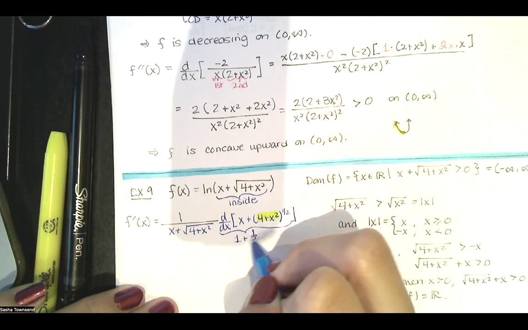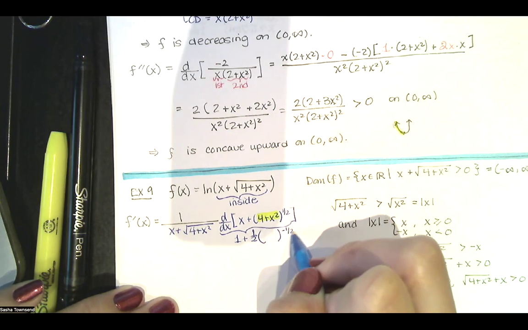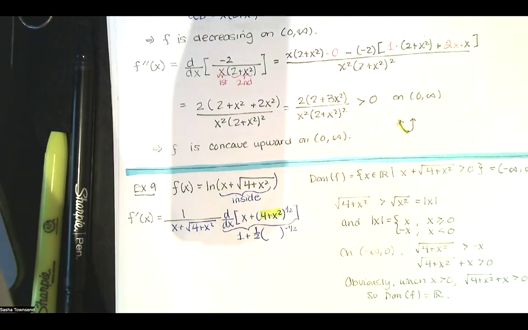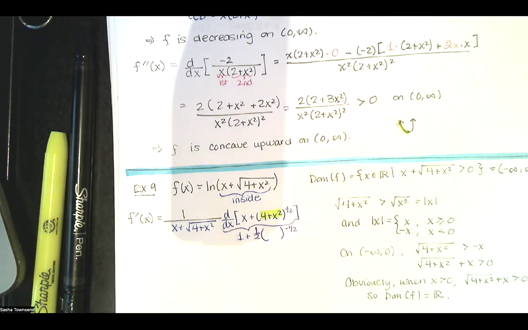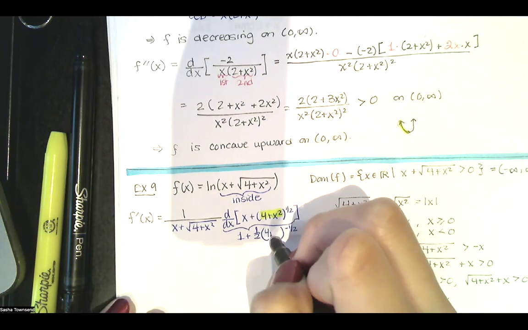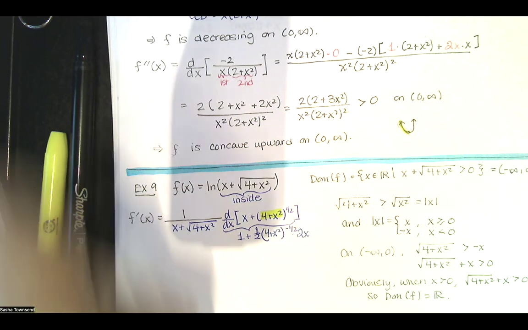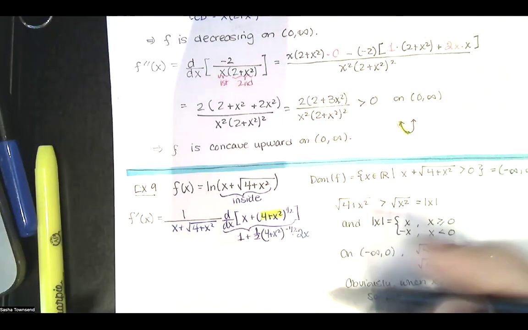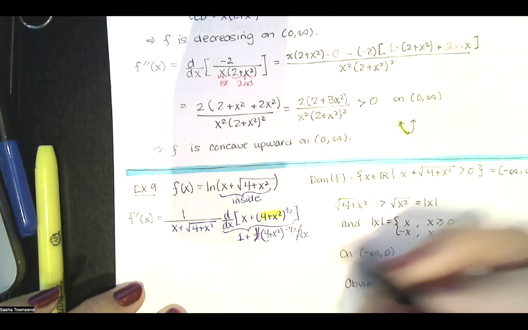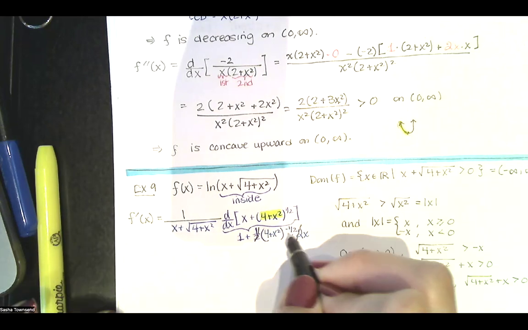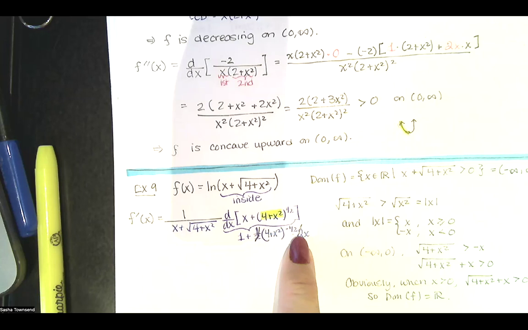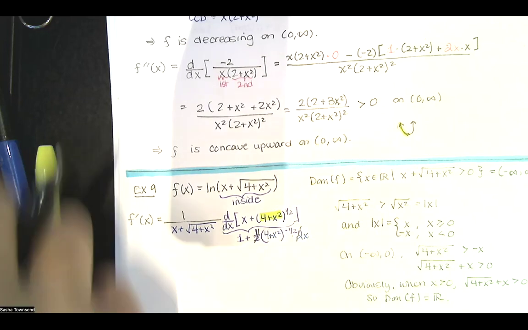We get 1/2 of the inside function to the negative 1/2. Then we put the inside function back inside, and then multiply by the derivative of the inside by the chain rule. Then this 2 and that 1/2 reduce, and you just end up with an x times that 4 plus x squared to the negative 1/2 power.